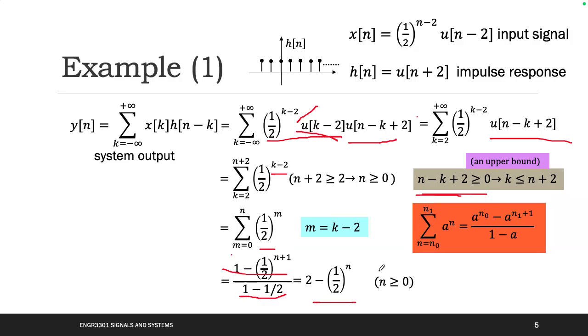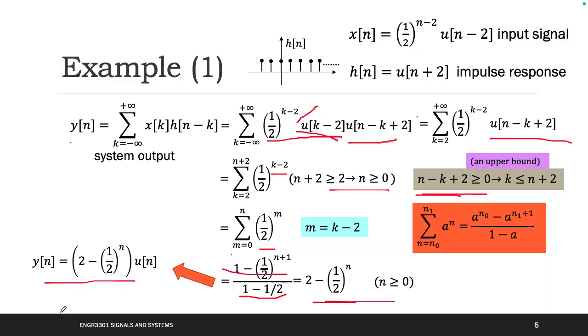Okay, and then n must be greater than or equal to 0. This is the condition. Otherwise your equation will not work. That makes sense to you, because we talked about that here. Any questions so far? Okay, and so y[n] should equal what? This is your output. Why does this equation become this equation? Why does it become like this here?